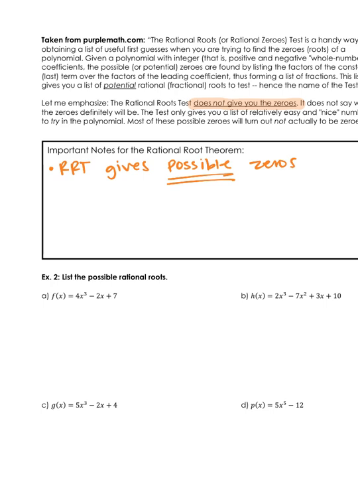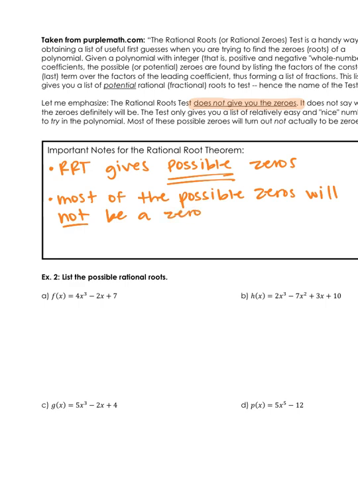What we also need to know is that most of the possible answers will not be an answer, be a zero. And the way that we can figure this out is we can check by using synthetic division.